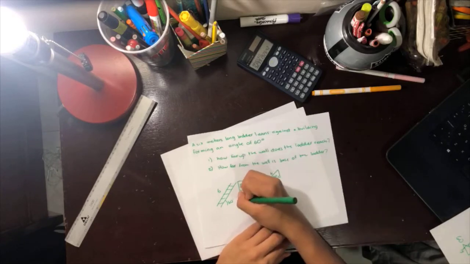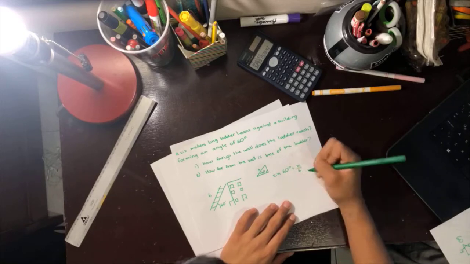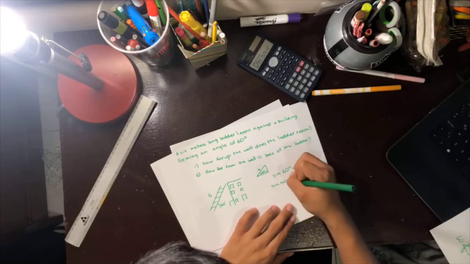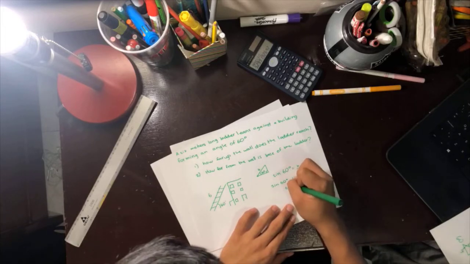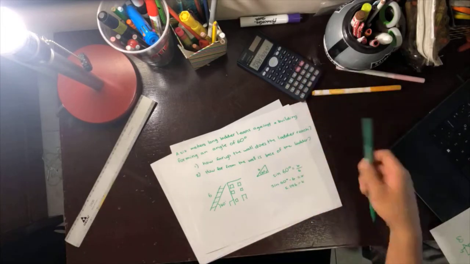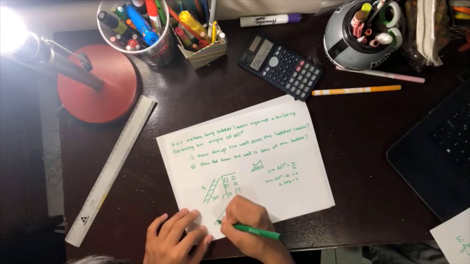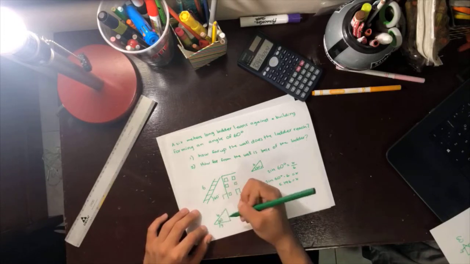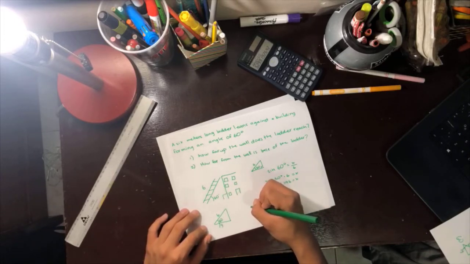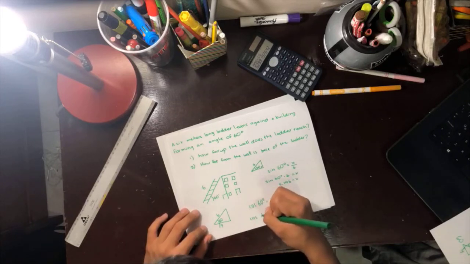Then we're going to answer the second question: how far from the wall is the base of the ladder? So we know that the ladder forms an angle of 60 degrees, and we know the hypotenuse, that is 6. But now we want to know the adjacent side. So in this case, we're going to use the cos trigonometric function, adjacent over hypotenuse.